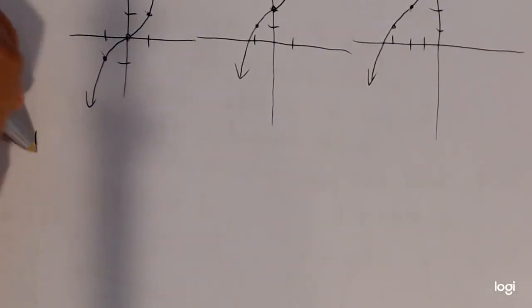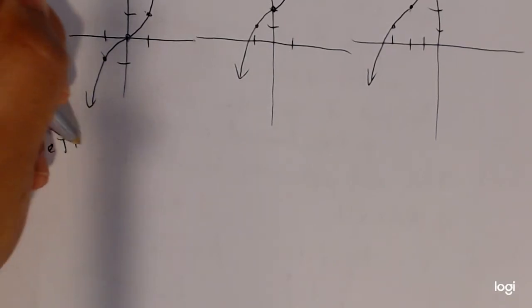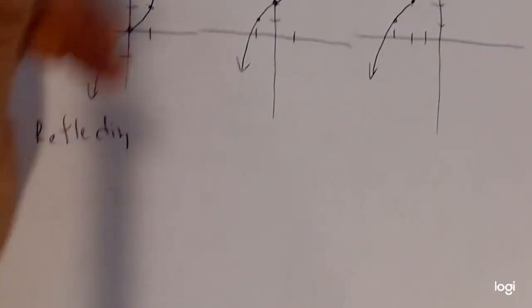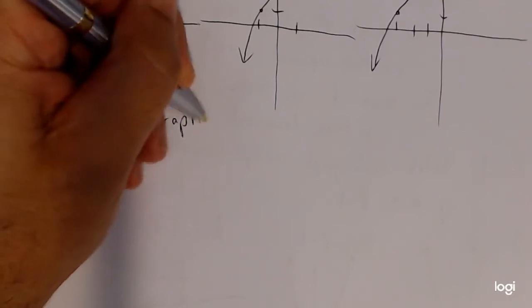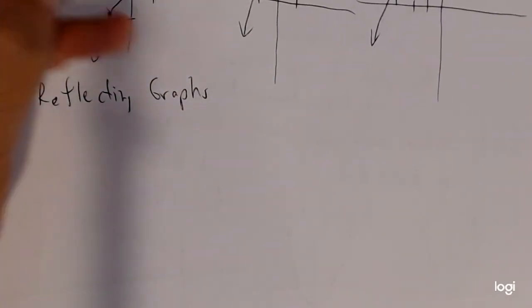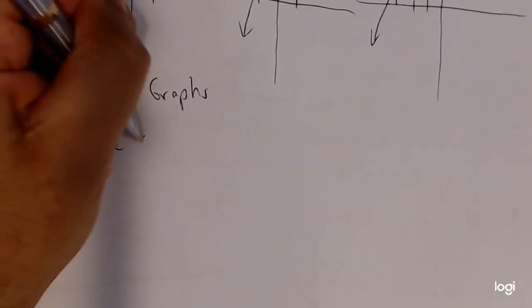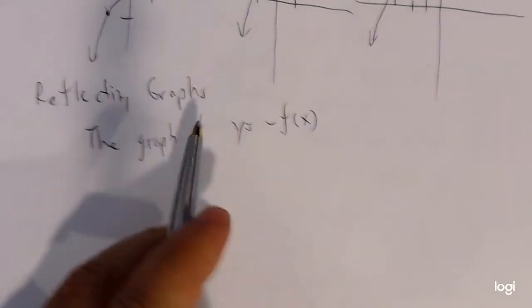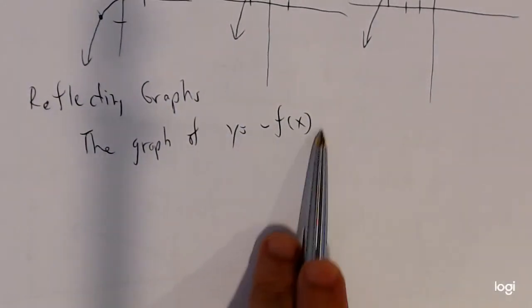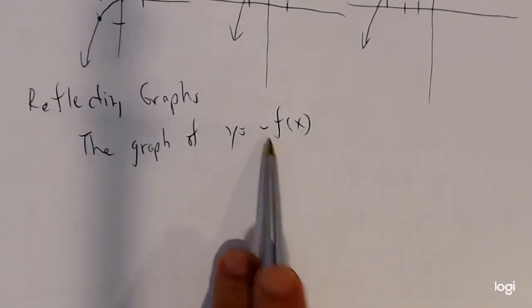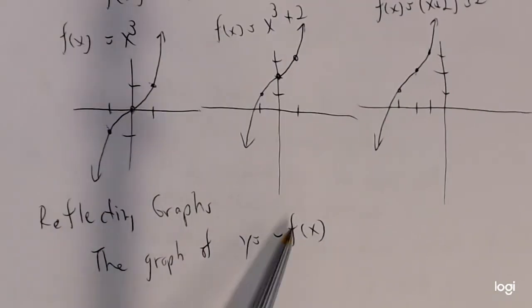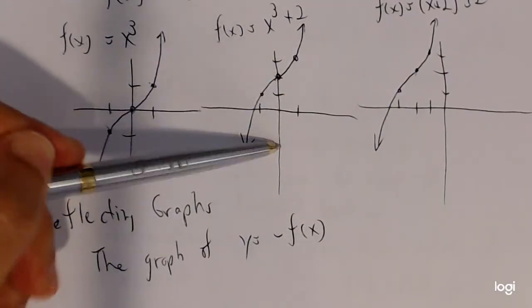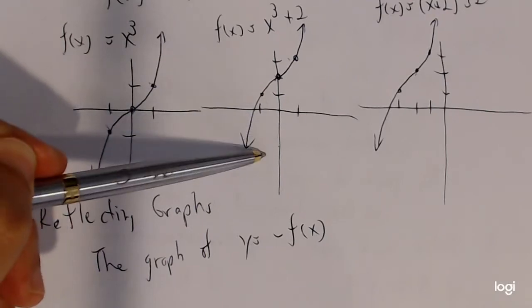Okay, so the next thing is when we're reflecting graphs. So we're going to say the graph of y equals negative f of x. Now let's look at what's happening here. What am I doing? I'm taking the opposite of the y values. So because of this negative, if I take the opposite of the y values, what am I reflecting with respect to?